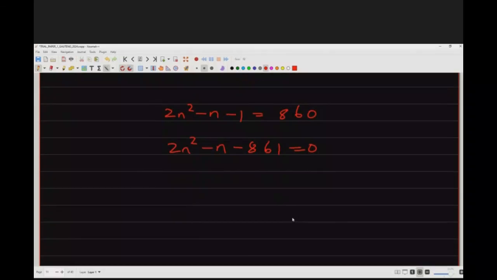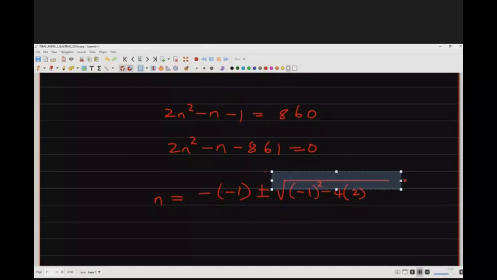So we can use the quadratic formula to solve for n. n is equal to minus b, and our b here is minus 1, plus or minus the square root of minus 1 all squared, minus 4 times 2 times c, in the place of c, that's minus 861.